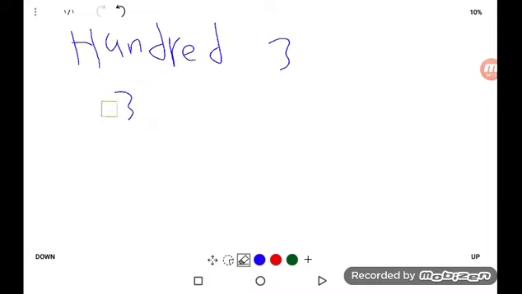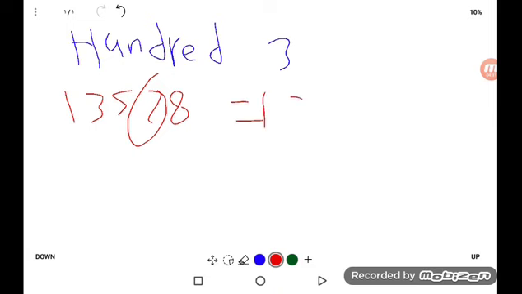Now let's say if you have this number, 13528. This is the hundreds digit. Now we see this number is less than 5, so the answer is 13500.